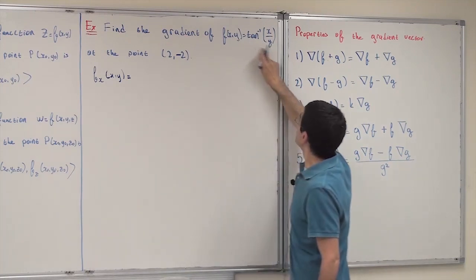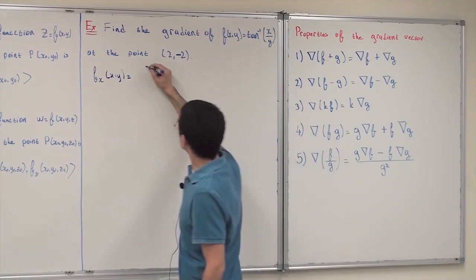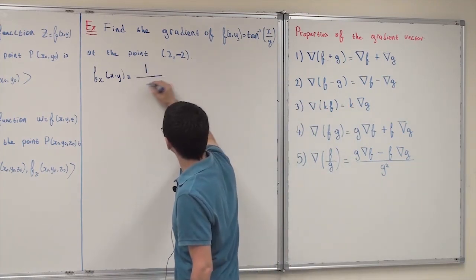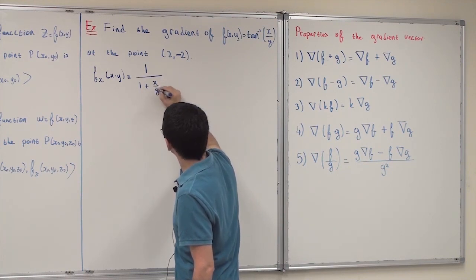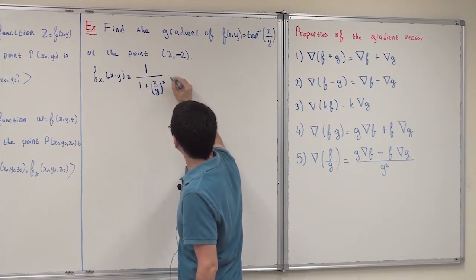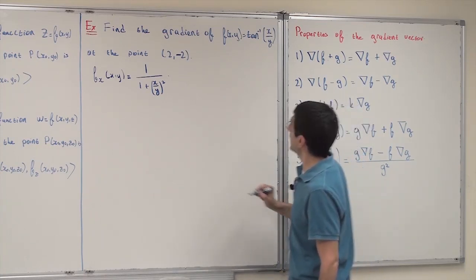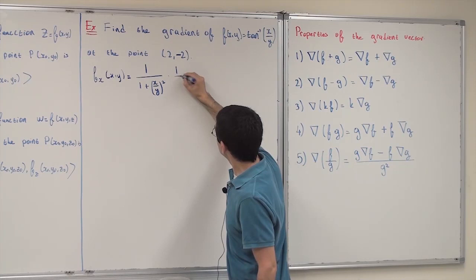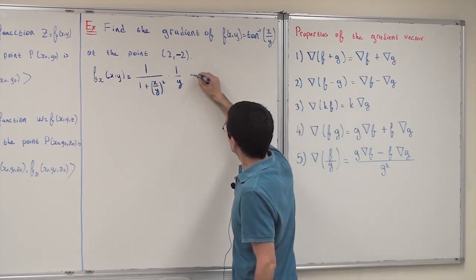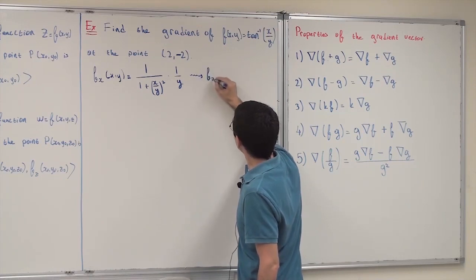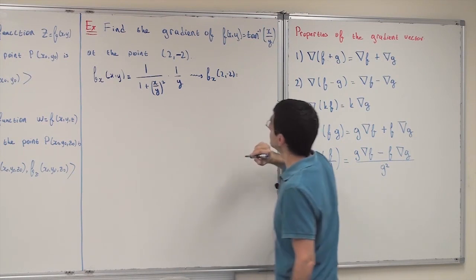I'm going to apply the chain rule. So for tangent inverse, the derivative is 1 over 1 plus (x over y) squared, times the derivative of the inner function with respect to x, which will give us 1 over y, and I will need to evaluate this partial derivative at the point 2, negative 2.